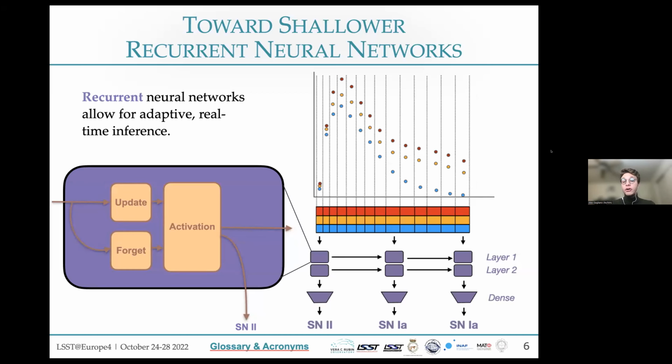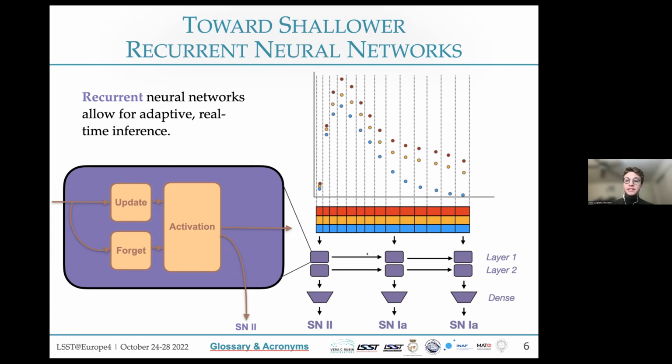So this is data that we ended up using for training our final network, which is a recurrent neural network. A recurrent neural network is just a neural network that has a series of neurons which have gates associated with them, which allow you to filter information as it propagates through the network. And this is really valuable because when you're actively obtaining data, as in the time domain setting, you're wanting to make predictions in real time, right?